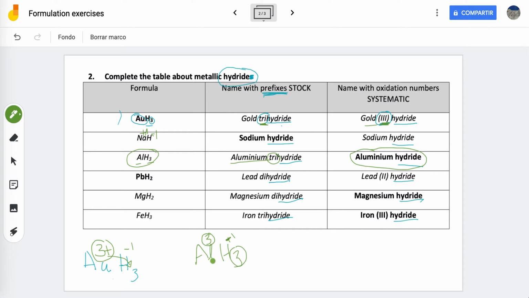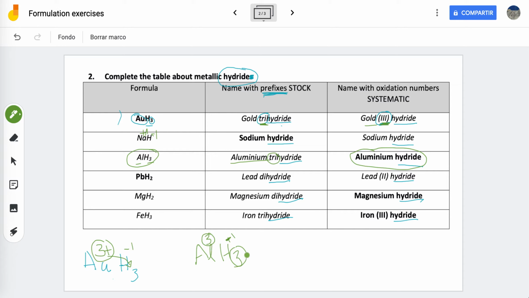So aluminium has 2, 8, and 3 as possible, but when it meets hydrogen, it has only 3 as an oxidation number. Is it clear? Good. No 2, no 8, only 3.